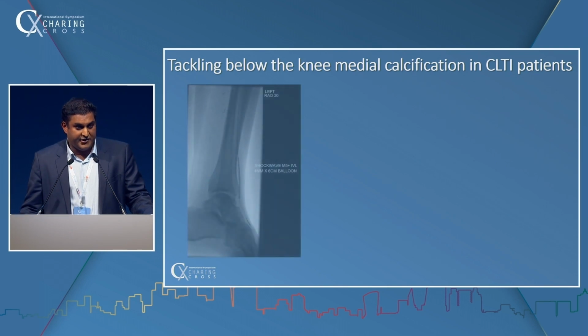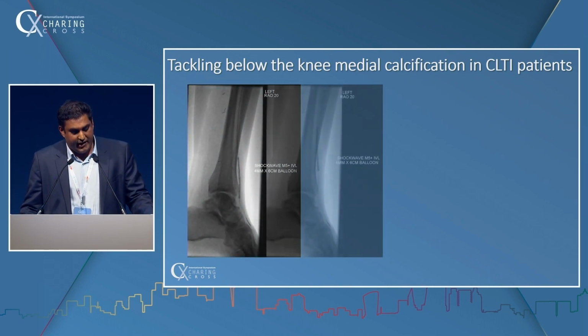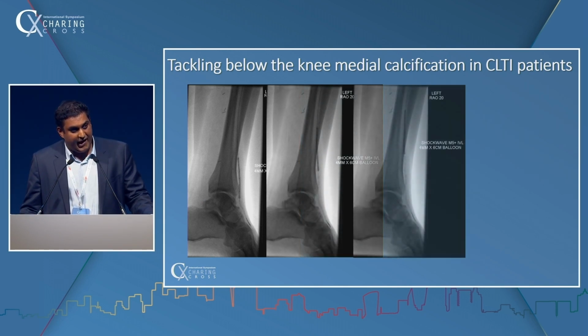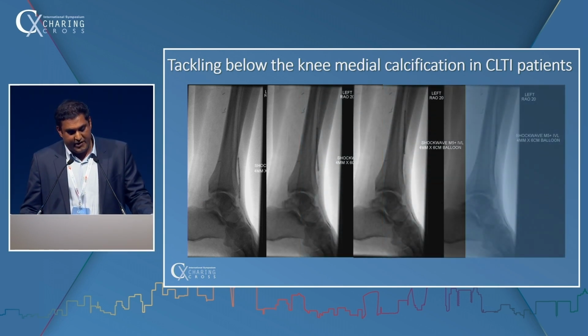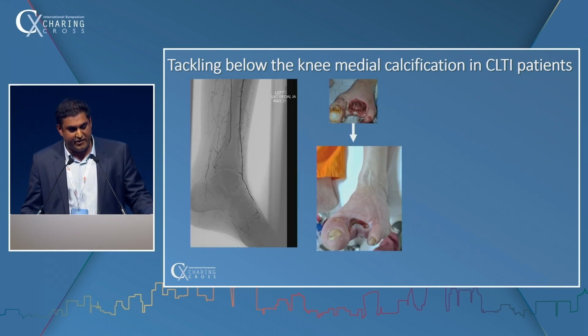So in this situation, we've gone in with a Shockwave catheter in order to prep this vessel, improve the compliance, and then allow your non-compliant or compliant balloons to then have their effect as the vessel is much more compliant for angioplasty after. This patient is quite a recent case, and at the end of this case, there was no recoil, and the wound is healing very nicely.